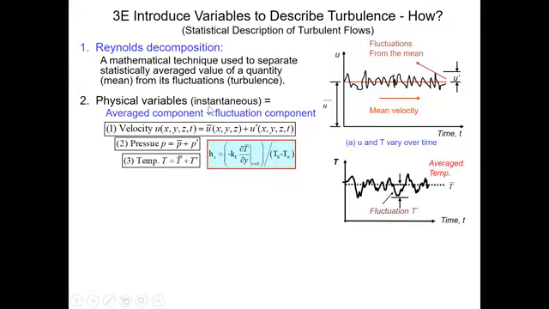Therefore, an instantaneous physical variable is represented by its average component plus the fluctuation component.